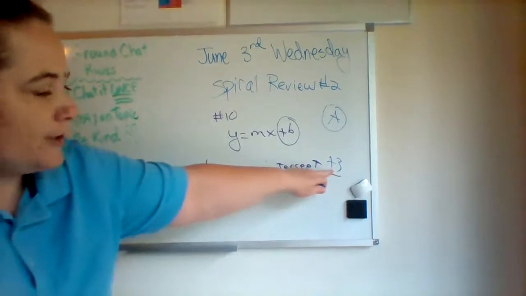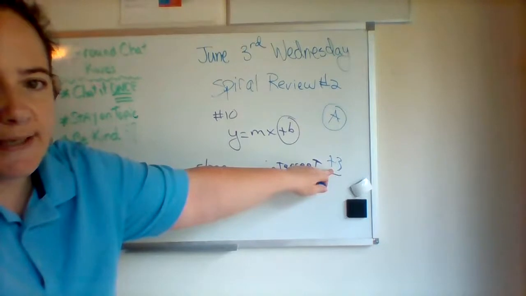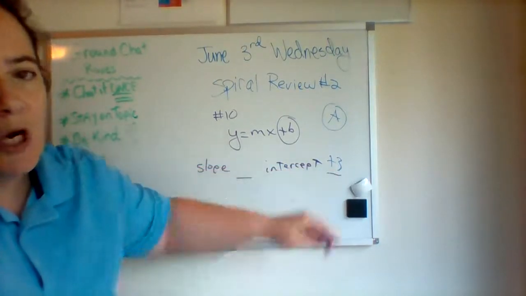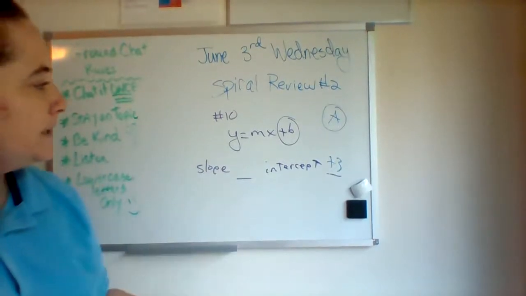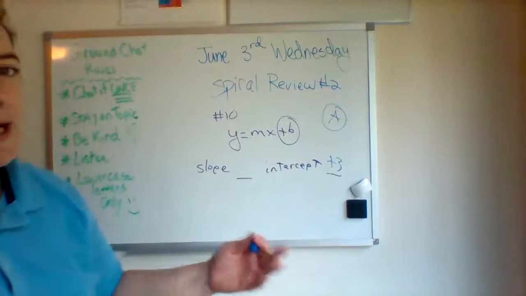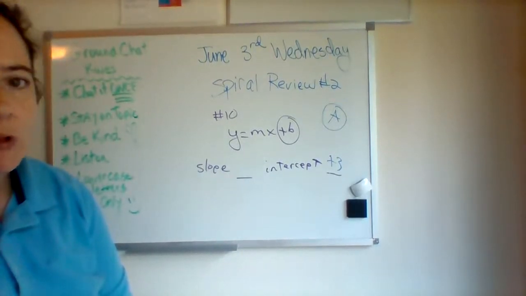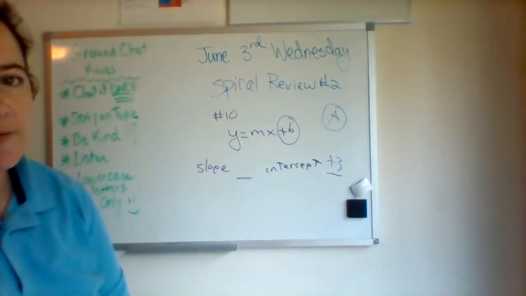You're going to start here at 3, and you are going to count how many you have to go up and how many you have to go over before you get on the line again. And when I say on the line again, I mean how many up and how many over until you hit a corner on the graph. Well, if you start at 3, I would go up to 4, 5, 6, 7.